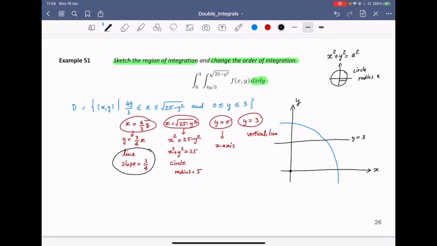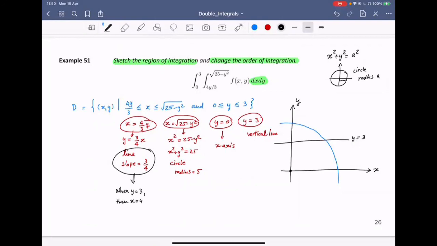Let's see again: when y equals 3, x equals 4, does it make sense? For this line, y equal to 3/4 x, when y equals 3, you can see that x equals 4, right?